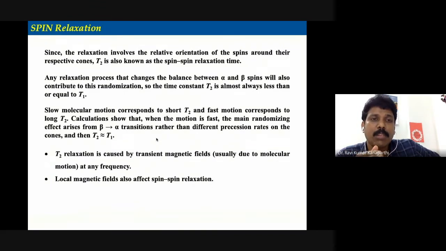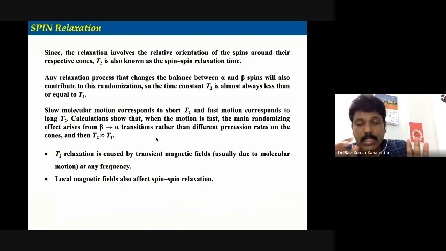Likewise, here the too slow tumbling motion will contribute to a shorter spin relaxation time constant, and too fast tumbling motion or molecular motion causes a longer T2. So with this, we will try to conclude here, and if you have any questions, please ask. Otherwise, we will end for today.